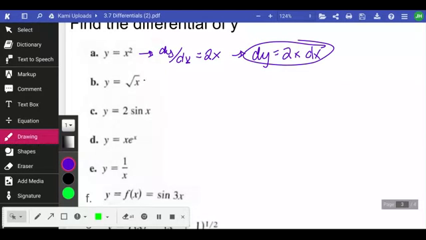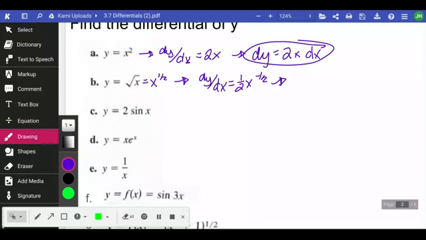I'm going to write as a reminder that this is x to the 1/2. Then dy over dx is equal to, what is the derivative of x to the 1/2? 1/2 x to the negative 1/2, good. When I rewrite it as a differential, I'm also going to rewrite it with a positive exponent.